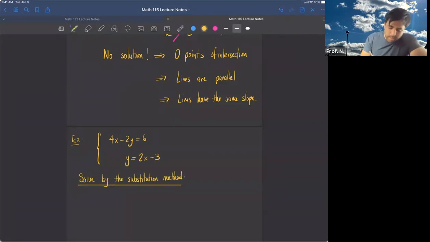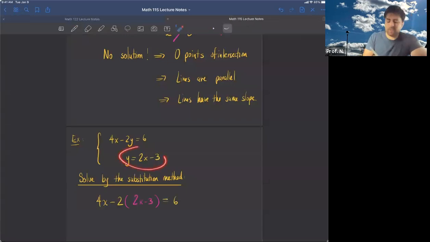So then what is this going to be? 4x minus 2, and we'll replace y by 2x minus 3. Why is that? Well, the y value here is already solved for, so I just plug it in.